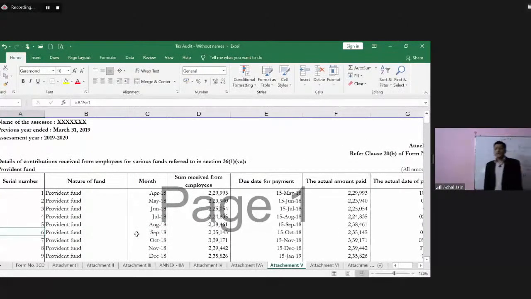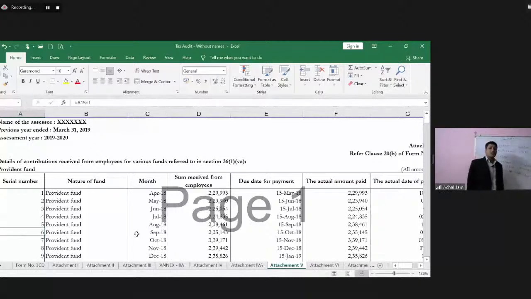So if you look at this annexure number 5, it says details of contribution received from employees for various funds which are referred to in section number 36(1).